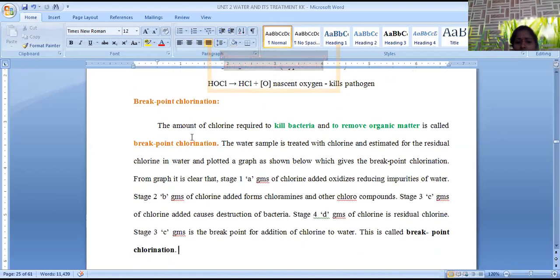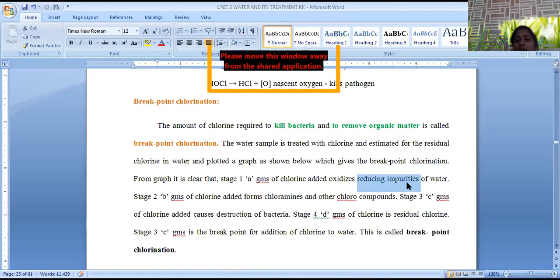Let us take stage 1. This is considered as the A part, where chlorine is mainly used to reduce the impurities. Any organic matter or reducing impurities present, those kinds of materials can be oxidized by this first segment.